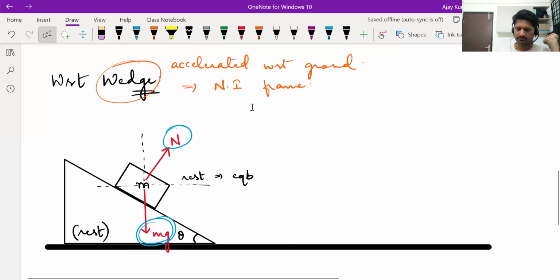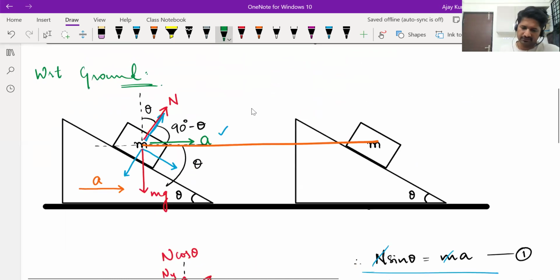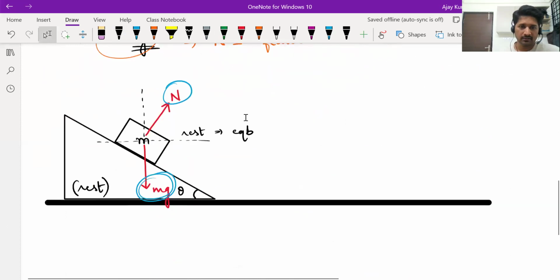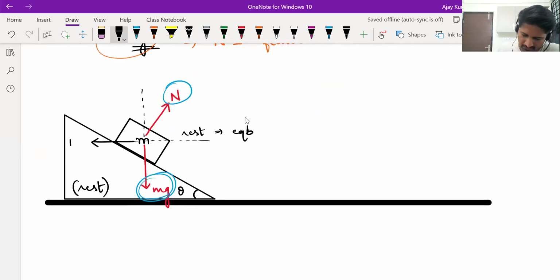M into A, sir. Which way? Left, sir. To the left. Correct. Mass of the object multiplied with acceleration of the reference frame. Now, acceleration of the reference frame is what you are asked to calculate. Okay, so we'll take it as A, and we have to consider pseudo force in a direction opposite to the acceleration of the frame. So it will be to the left, this way, MA.